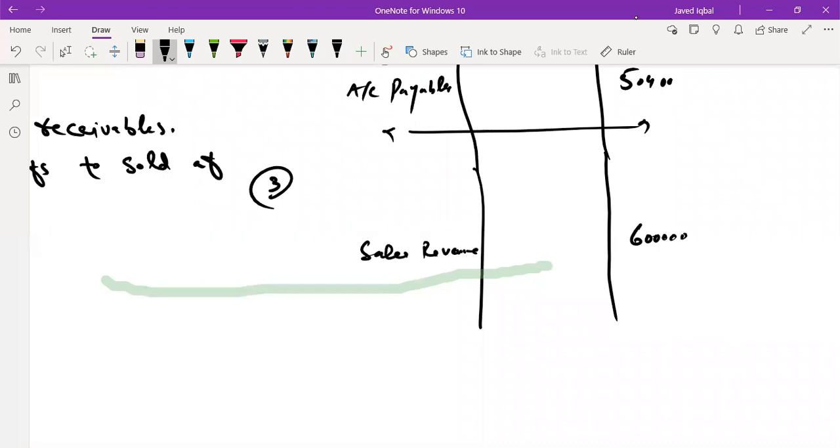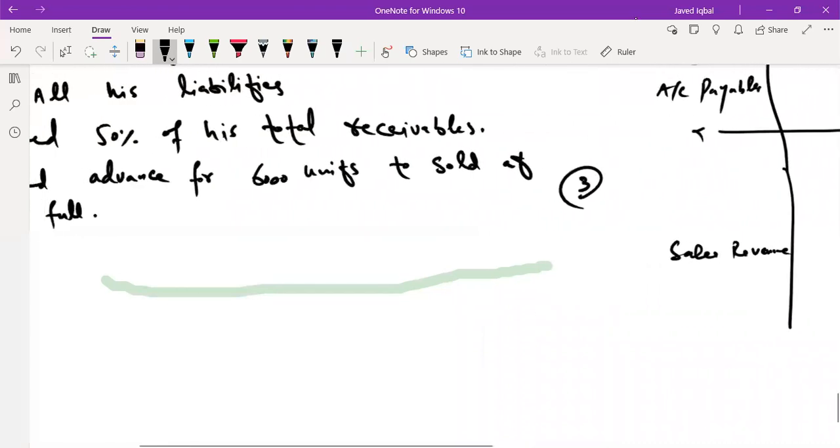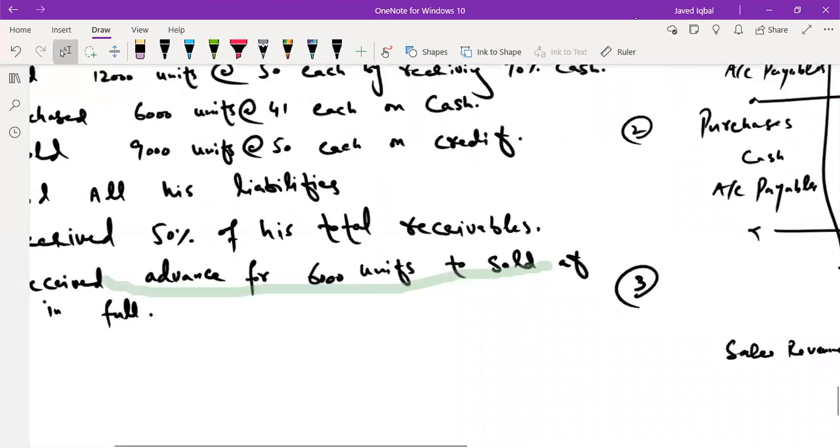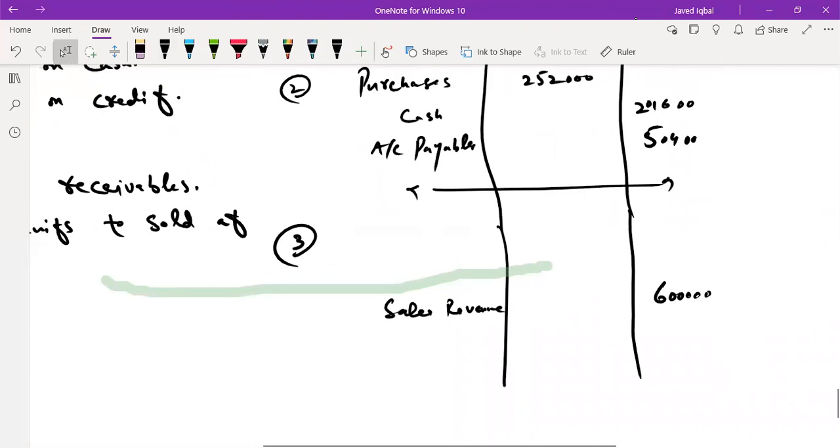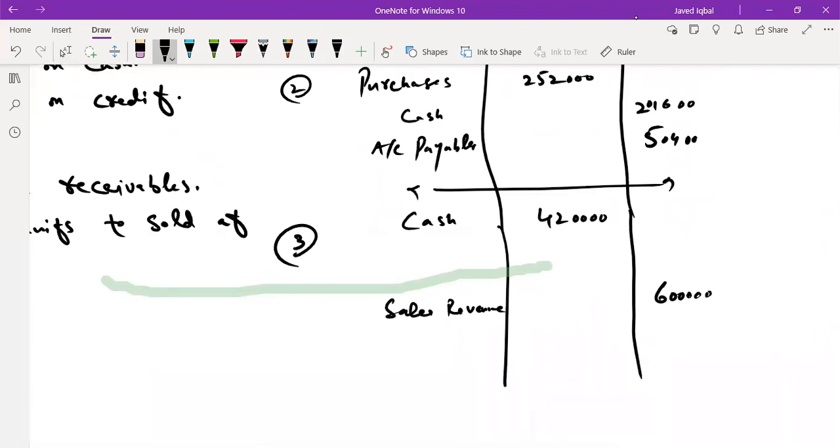You received 70% in cash, so this will be 420,000, and the rest will be your account receivable, which in this case is 180,000. This concludes the first part of this transaction.